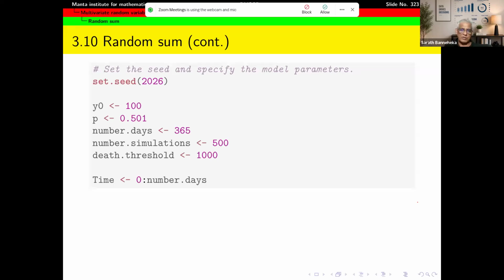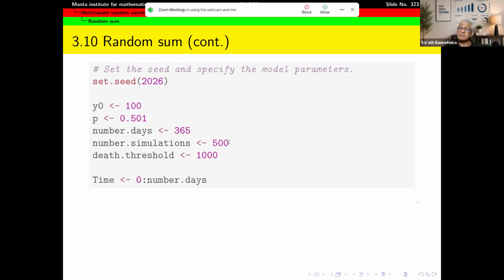So that will be one possibility. And then consider again, starting with 100 cells, consider this process, and then after 365 days, we will look at where the process is, how many yt values and so on, right? So we will do that 500 times.